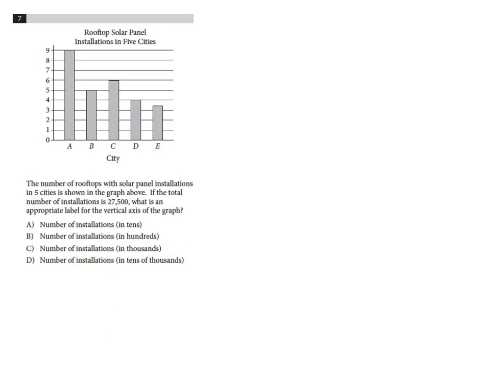Meaning, this first column here is going to be 9 units, so that's 9. Then we have 5 units on the vertical scale. We have 6 units on the vertical scale. We have 4 units on the vertical scale. And we have what looks like 3.5 on the vertical scale.